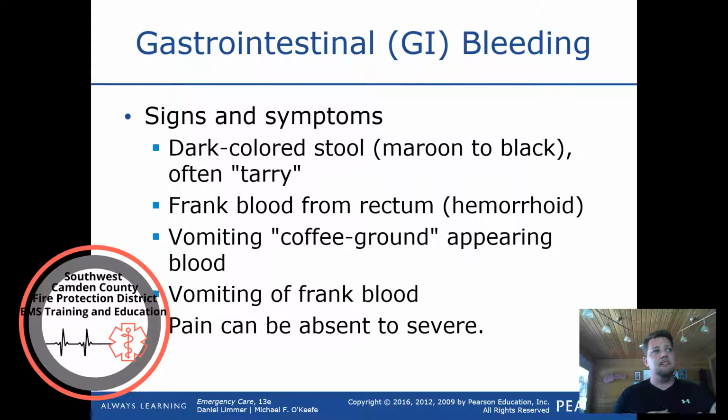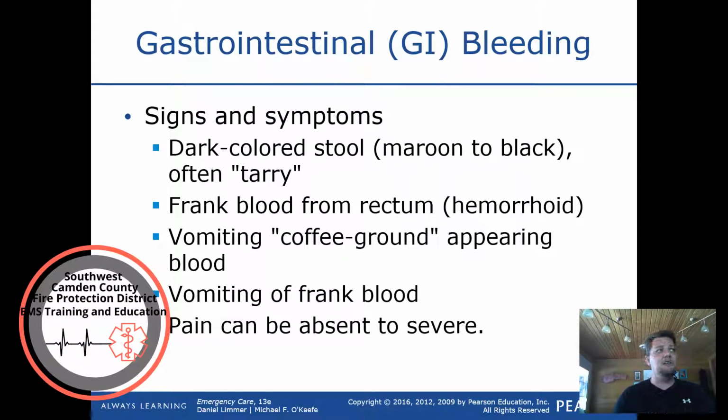The difference between the bleeding is where it's at. If it's a dark, tarry colored stool, you can deduce that the bleeding is coming from somewhere in the upper GI tract, because it takes a while for that blood to get out, so it starts to turn that dark tarry color. If it's bright red, then you know it's in the lower GI tract and it didn't have as far to go.